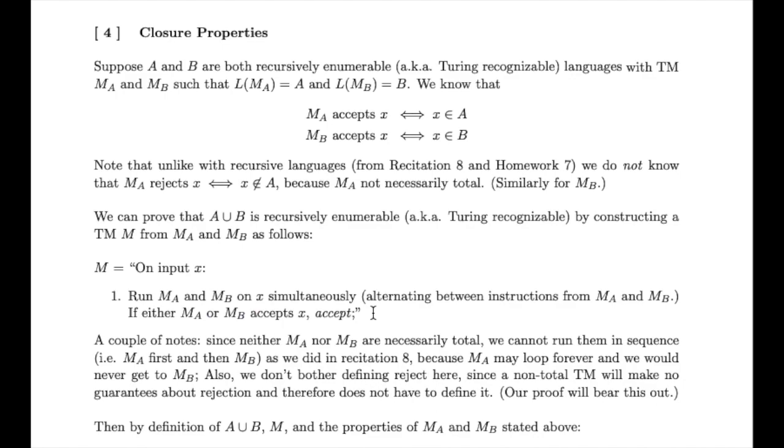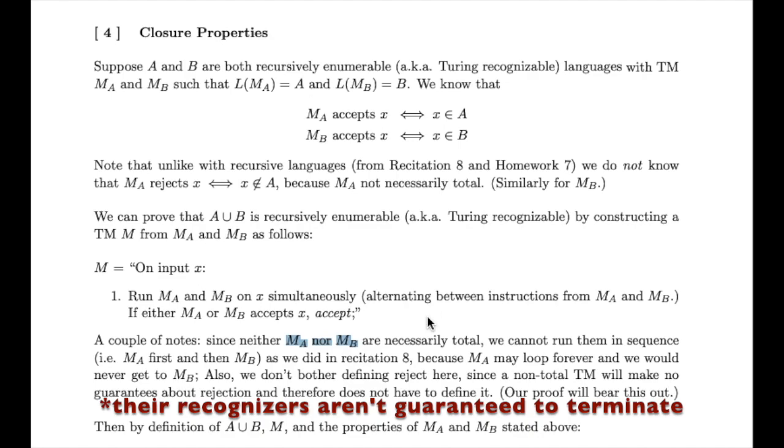The reason why you can't do the same thing as with two decidable languages, where you run the first machine on the input and then run the second machine on the input if the first one didn't accept, is because the languages A and B are only recognizable. They're not guaranteed to terminate.